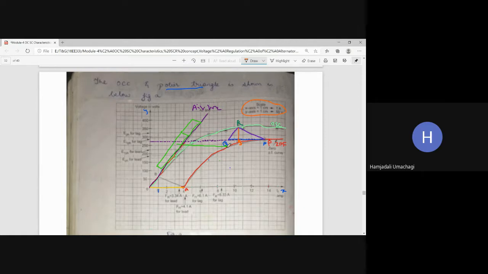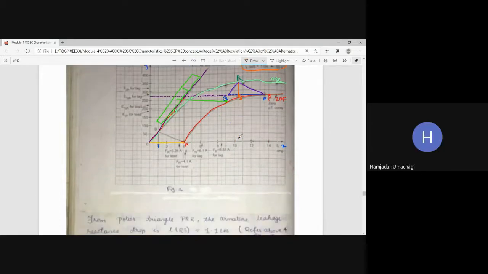What is the length of RS now? 1.1 centimeter. Are you all getting 1.1?